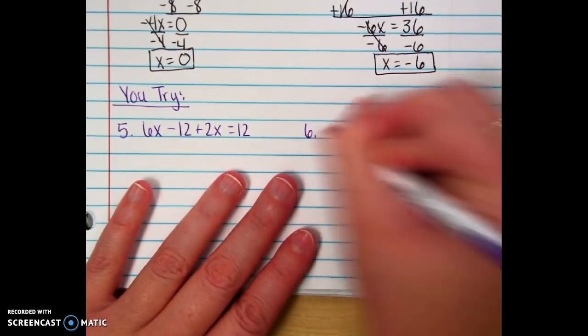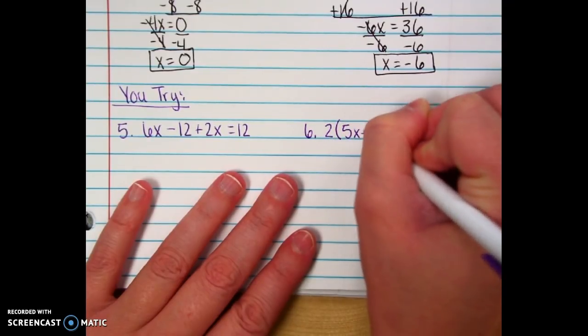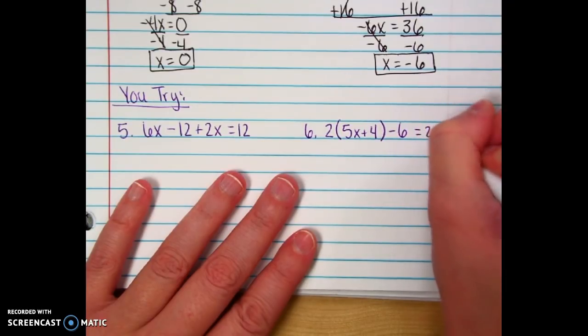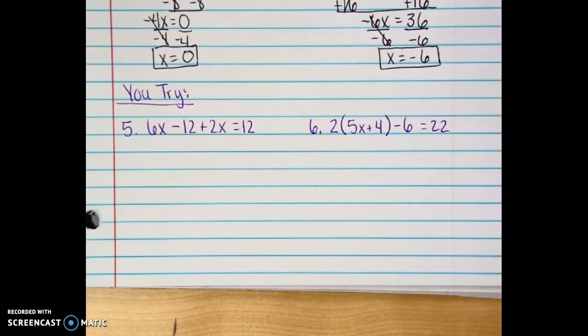And number 6 will be 2 times 5x plus 4 minus 6 equals 22. So after you write those down, you need to pause it and then solve both of these on your own. I will be walking around to make sure that you're pausing when you should be.